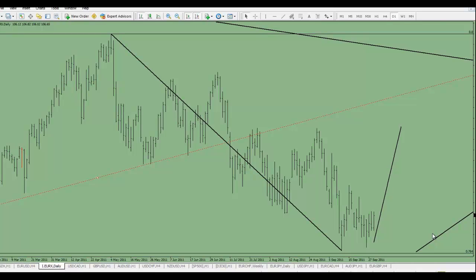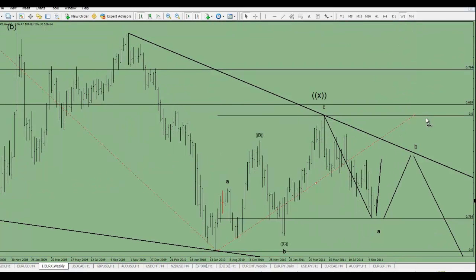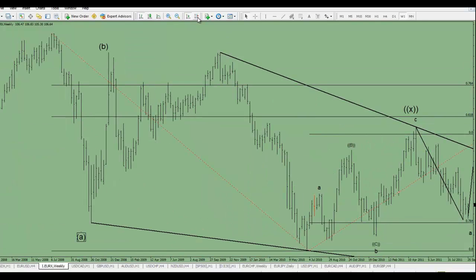Another scenario is that this becomes a double zigzag, and then we go W, S, Y, this becomes W, and then goes S, W, S, and we get another low. So that's about the euro, technically what we see on the euro index.